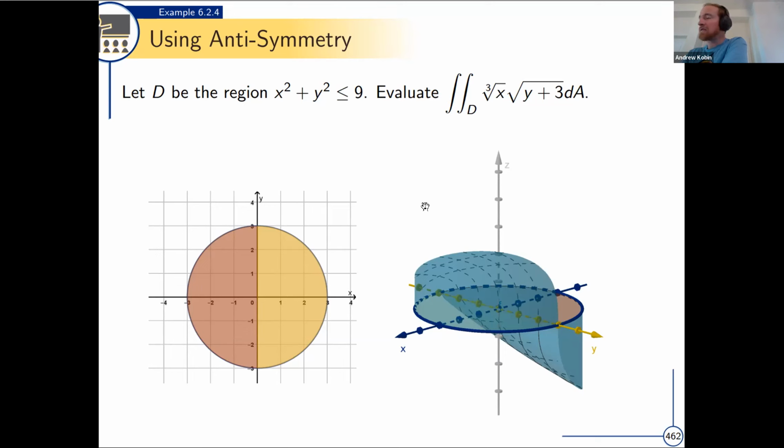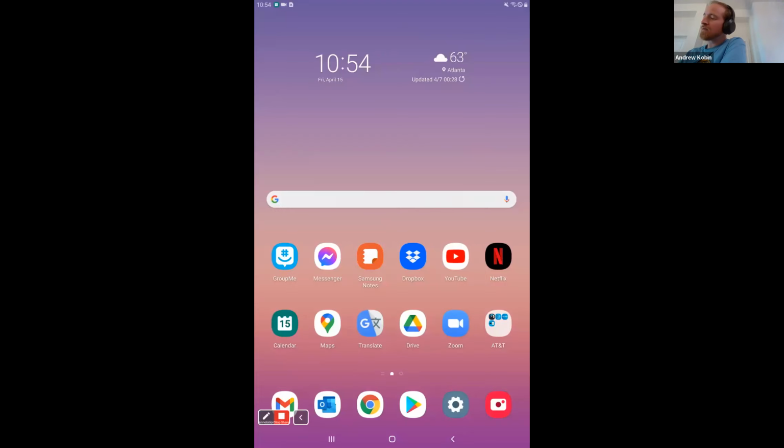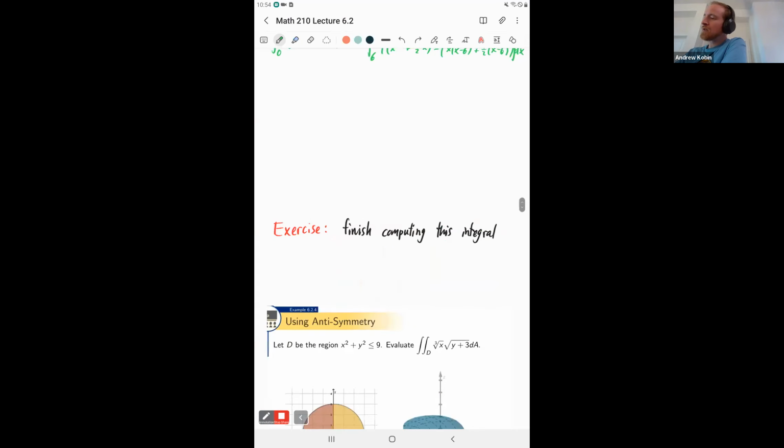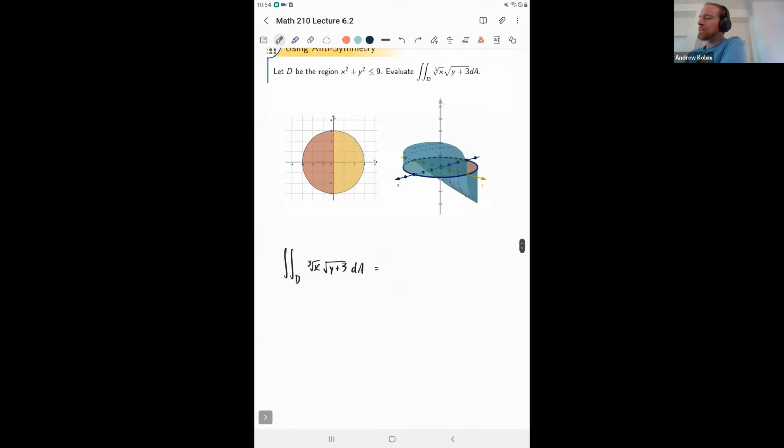Let's see specifically why this is true by setting up the double integral over this region and exploiting some symmetry of the region and the function. So here's the problem that we're given again.